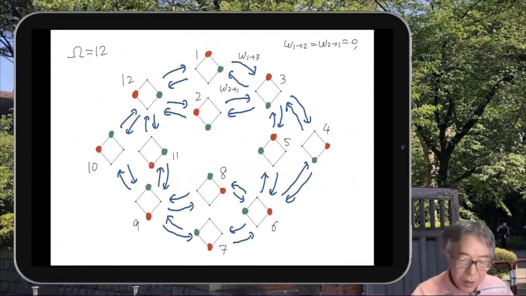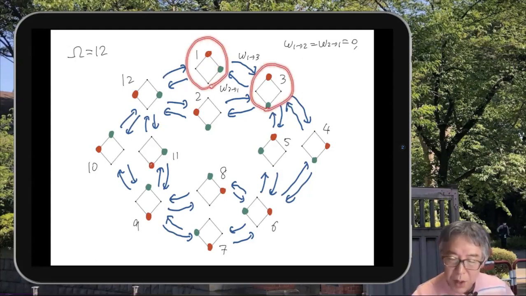And so there are 12 states. And here is an example of transition rate. In this case, a particle can jump only to the nearest neighbor site. So for example, here, this particle jumps from here to here. Then the state jumps from this state 1 to 3, and the rate of jump is given by this. Or the state can jump back from state 3 to 1, and then this is the rate.